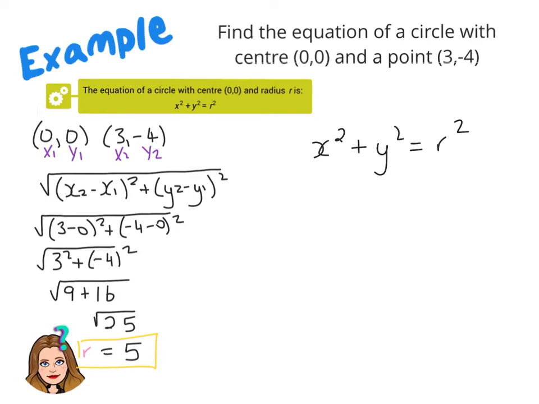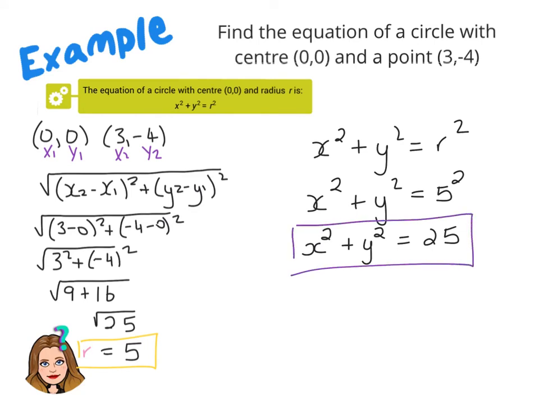Again, r is 5, so we go x squared plus y squared equals 5 squared. So x squared plus y squared equals 25. And that is the final answer and essentially your equation of the circle.